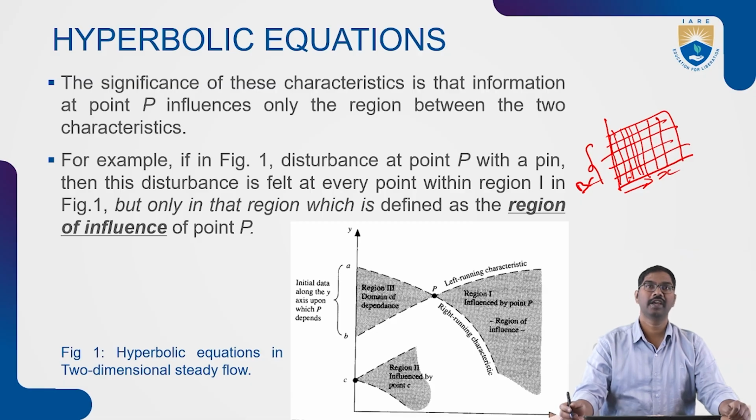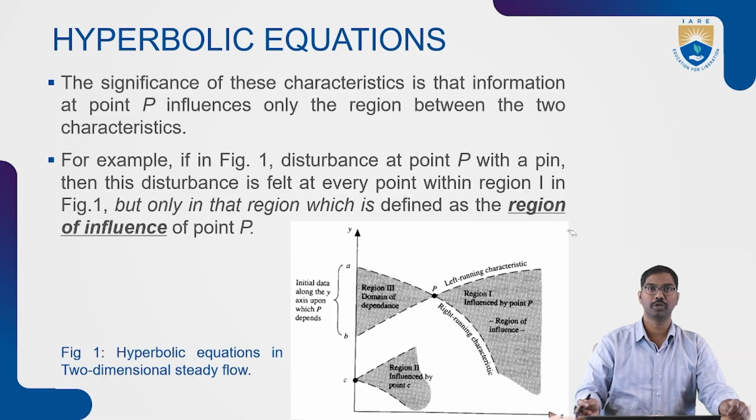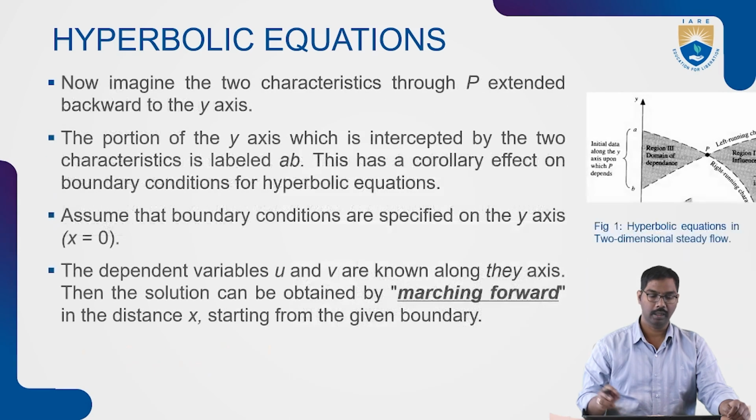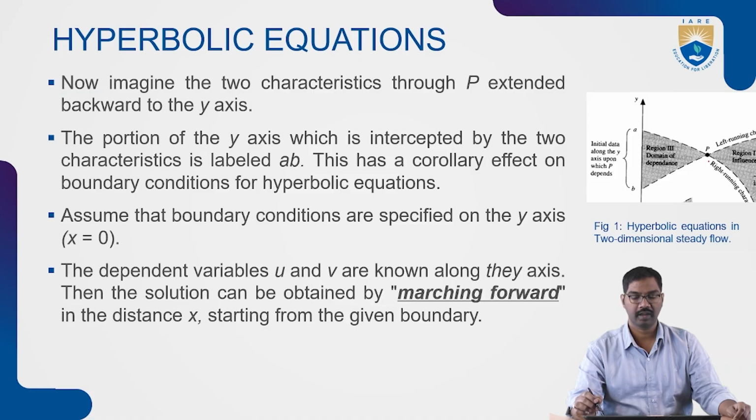So that is the way the hyperbolic form of equations is solved. Without having the two characteristic lines, it is difficult to solve in the marching method. It needs some extra requirements to get the solution easily. So, as said, if you extend the two characteristic lines backward, they intersect the y-axis, which defines the boundary condition for the hyperbolic form of equations.